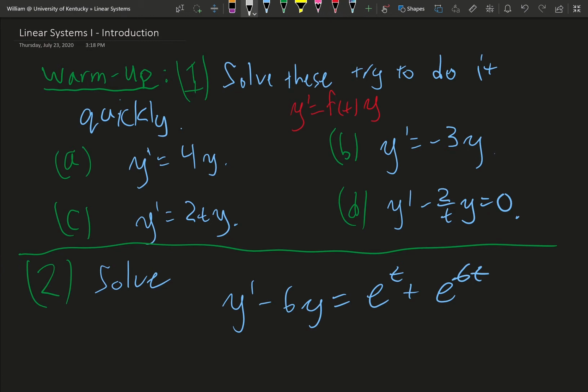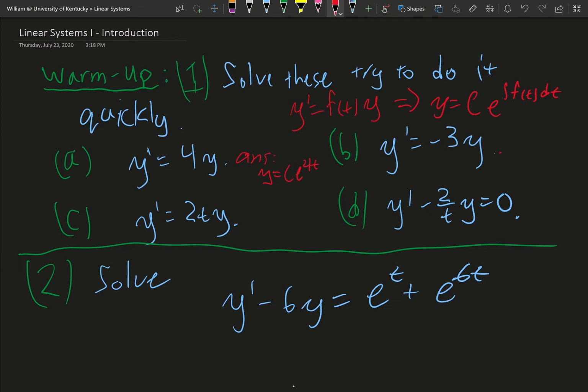Okay, let's go over the answers. Remember, if we have something like this, the formula is always some constant c times e to the integral of f(t). So for this one, we're going to have y equals c e to the 4t.